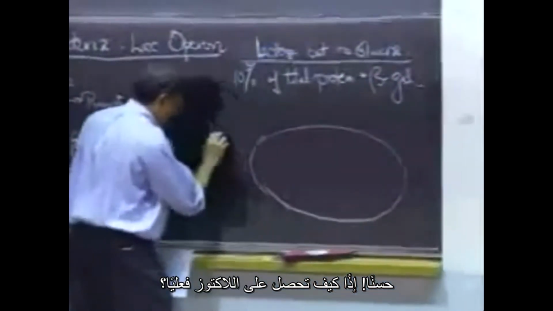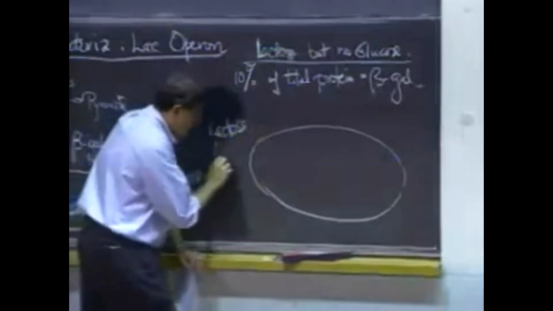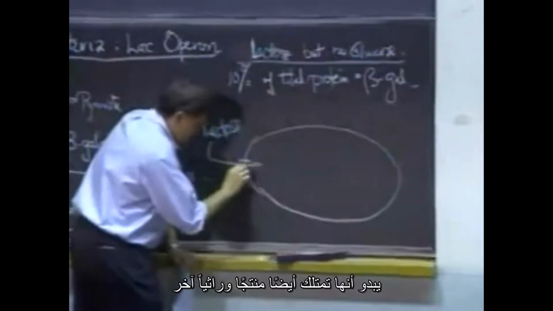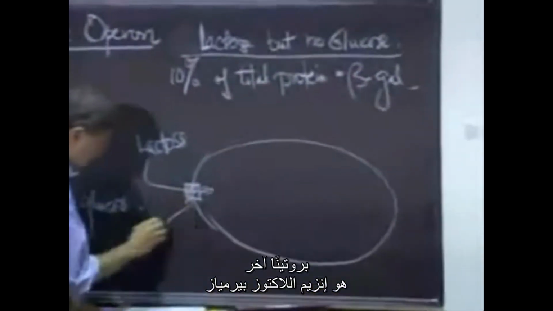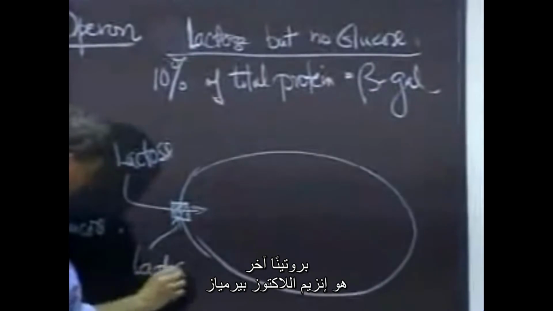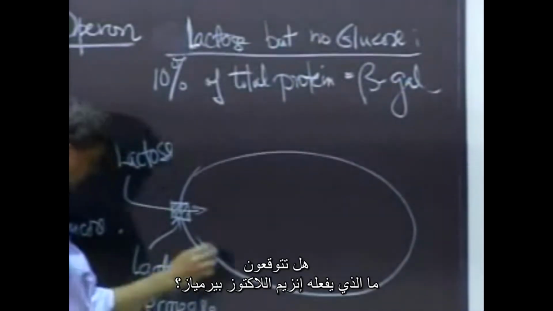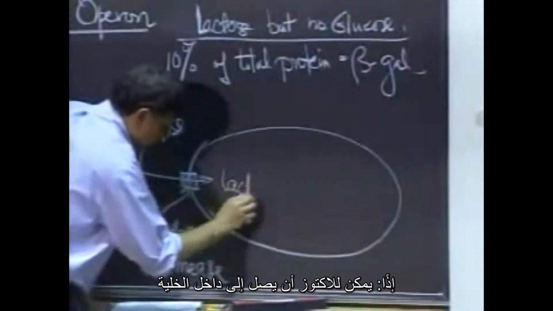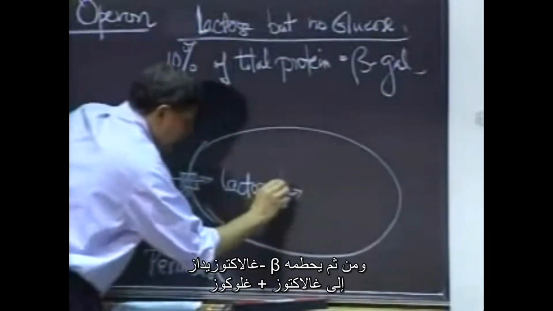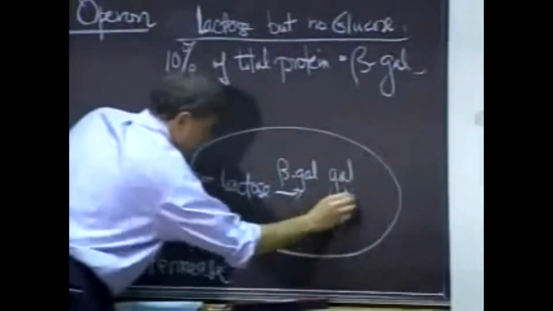So how does it actually get the lactose, keep me honest on lactose versus galactose, into the cell? Turns out that it also has another gene product, another protein, which is a lactose permease. And any guesses as to what a lactose permease does? Makes the cell permeable to lactose, right? Good. So the lactose can get into the cell, and then beta-gal can break it down into galactose plus glucose.